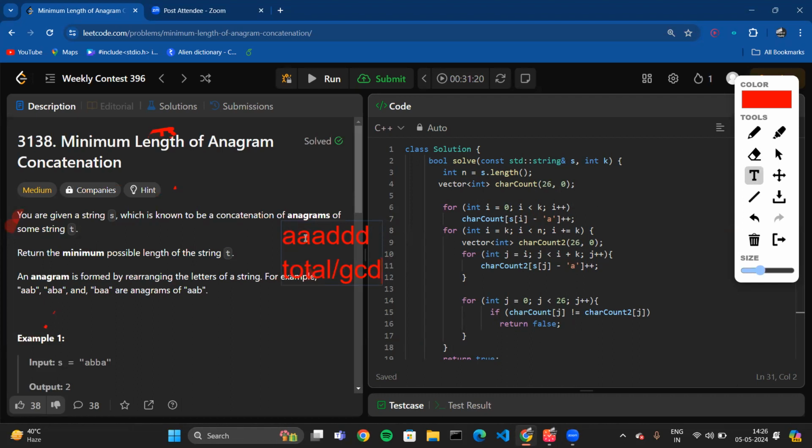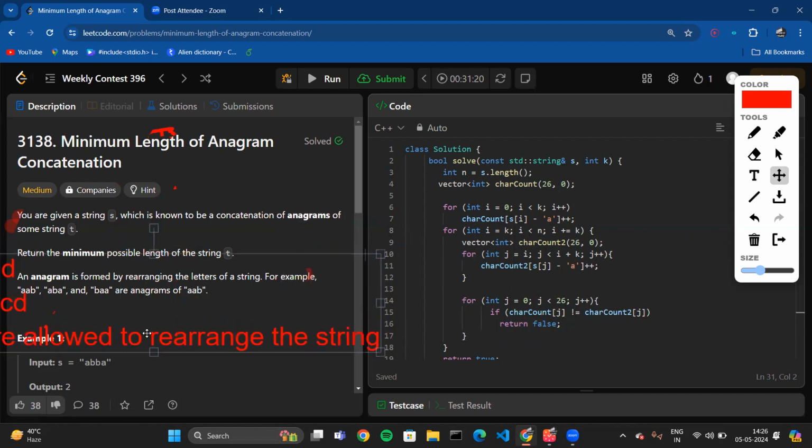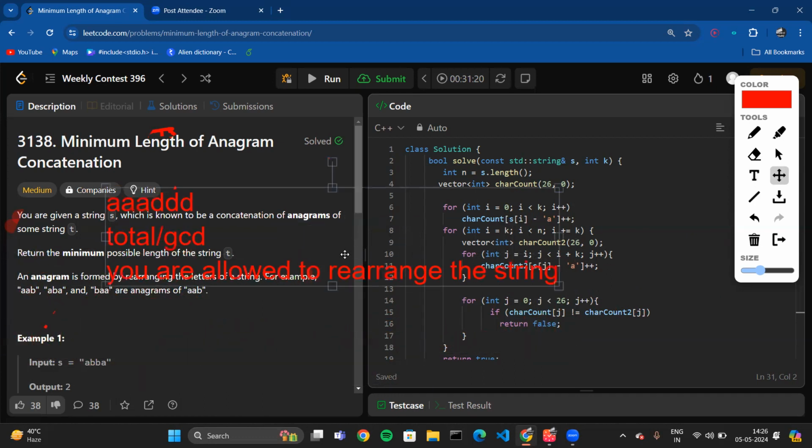But this holds true only when you are allowed to rearrange the string. In this case, we are not allowed to rearrange the string. Hence, the GCD method will fail.